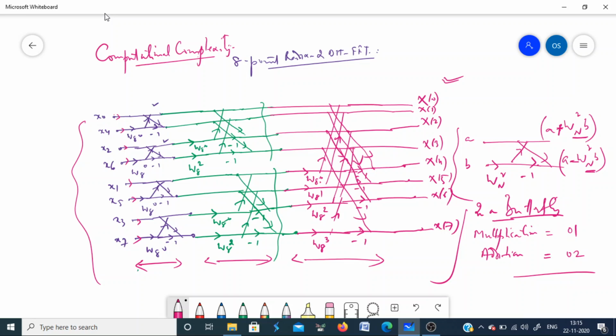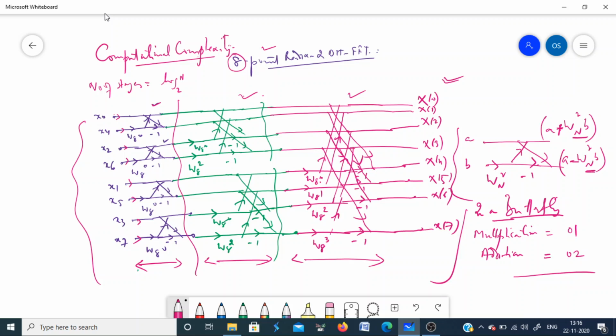First we see how many stages there are. For an 8-point DFT you have 3 stages. This is one stage, then another stage, another stage. You compute 2-point DFTs, then 4-point, then 8-point DFTs. So the number of stages is log N to the base 2. For N equal to 8, it is 3.